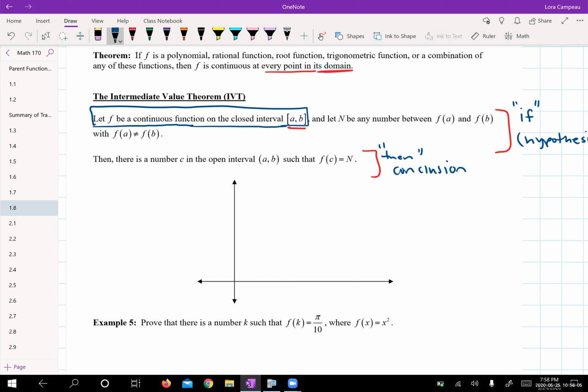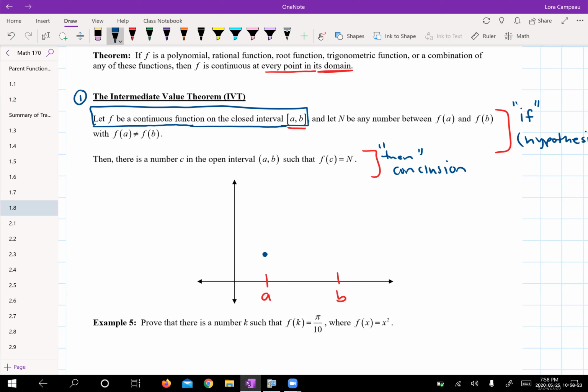So item number 1, if I were to draw any random function, I'll draw an interval between A and B. X equals A, X equals B. Here's part of my function.